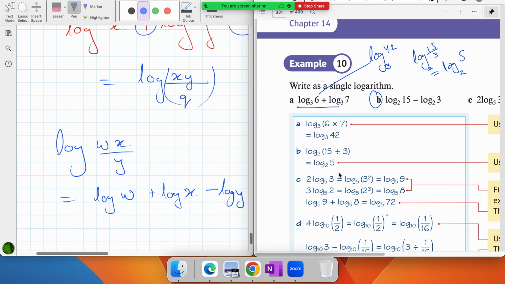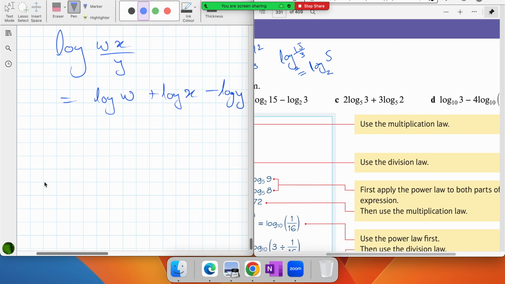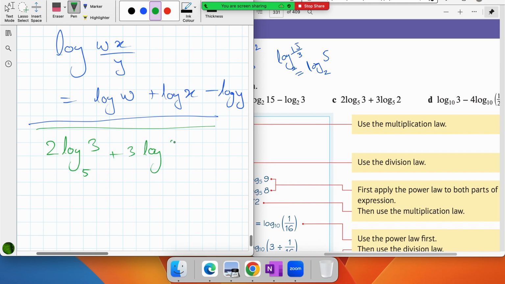Look at this C part. So C part says 2 log of 3 to base 5 plus 3 log of 2 to base 5. The base needs to be the same in order to write them as single log. Now I'm taking this 2 inside and writing log of 3 squared to base 5, or directly 9.